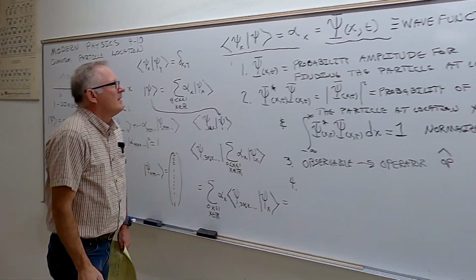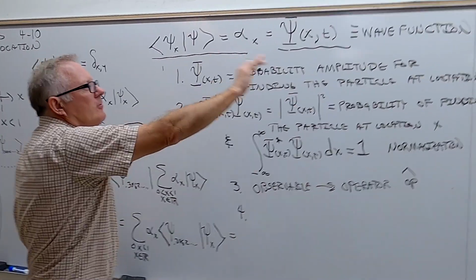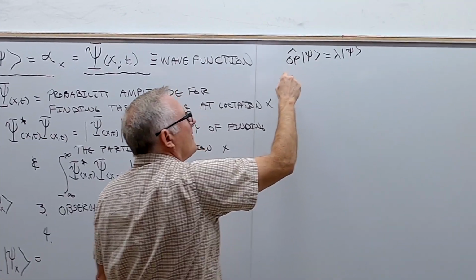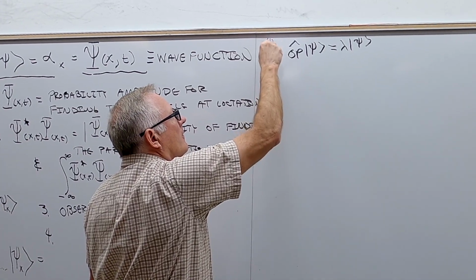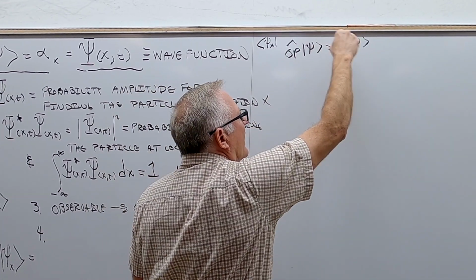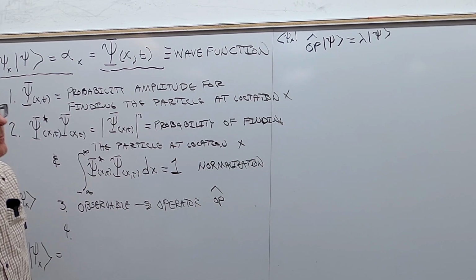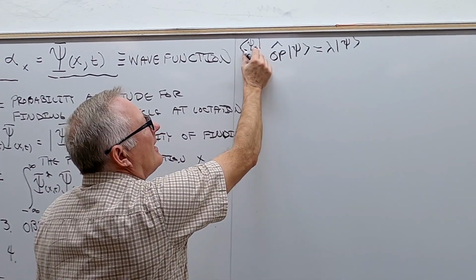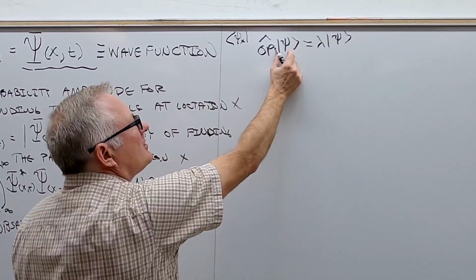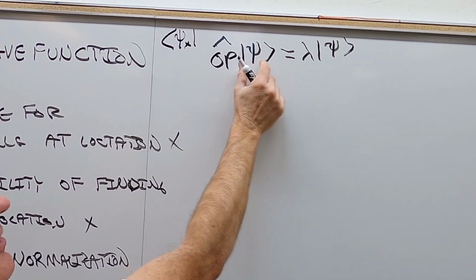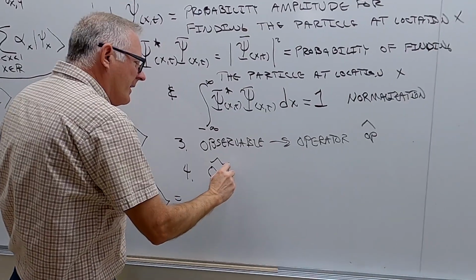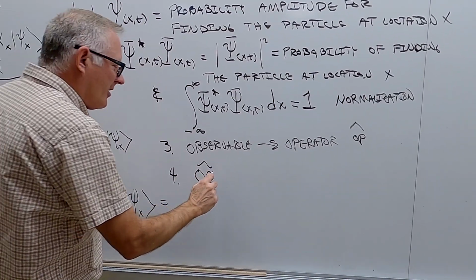What if we did psi of x to both sides? This just becomes our wave function. So this rule is still the same. It's just that now it's not on our state, it's on our wave function.